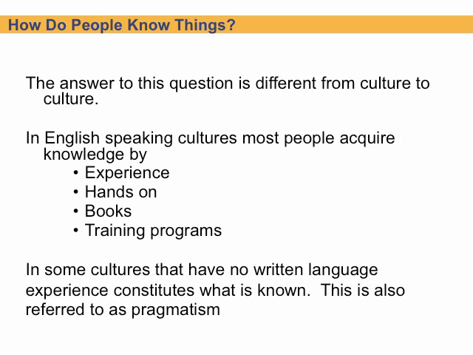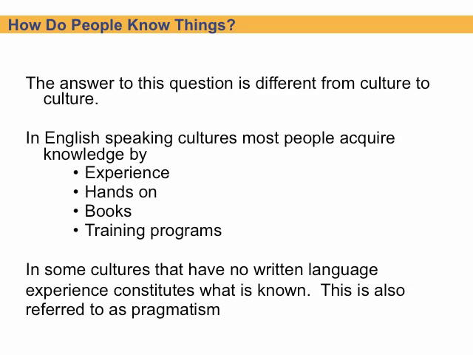In English speaking cultures, most people acquire knowledge by experience, tacit knowledge that they learned hands on, working with their hands. That tacit knowledge of being able to listen to an engine and know exactly what's wrong with it, or a farmer with a tractor, because he has that experience, that hands-on ability.